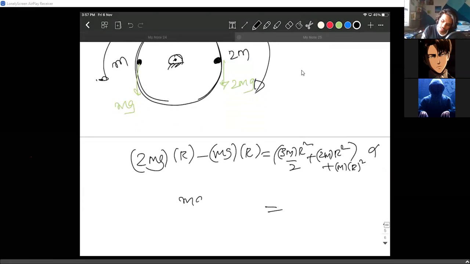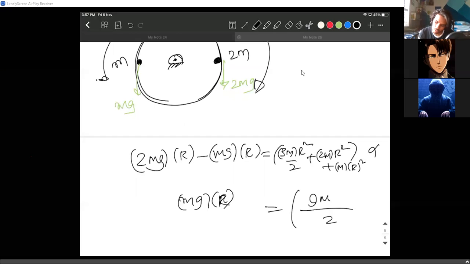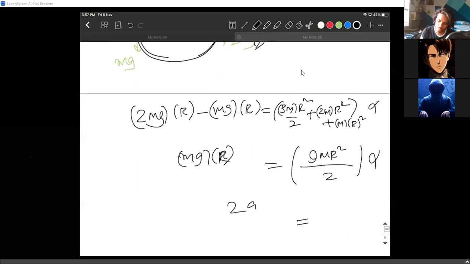The whole thing is 3, 6, 9 mR square by 2, times alpha. So alpha is 2g by 9R. Sai, Harshita, and Mazida already gave the answers. The alpha is 2g by 9R, guys.